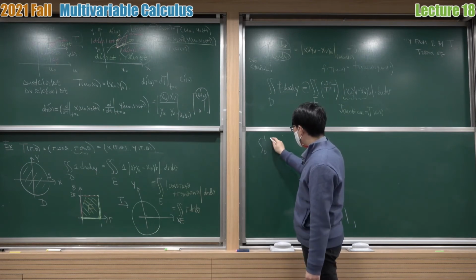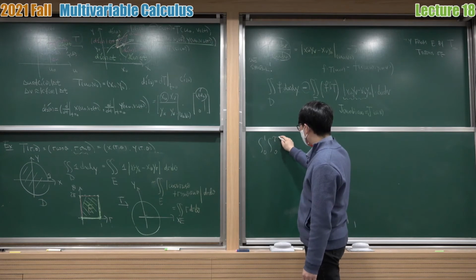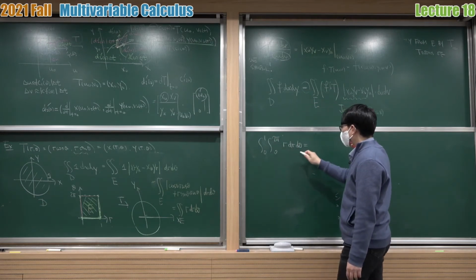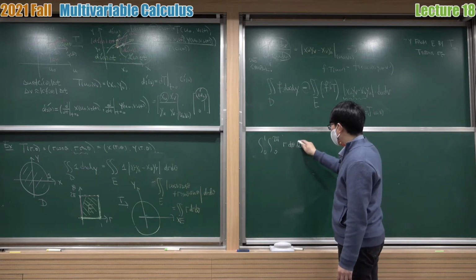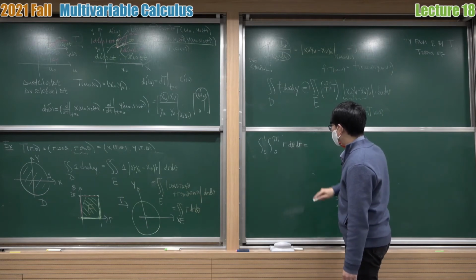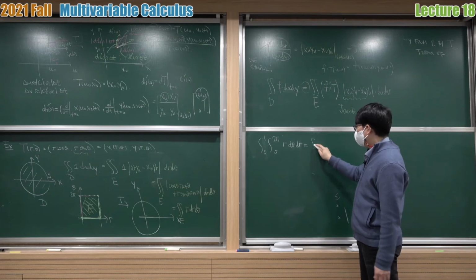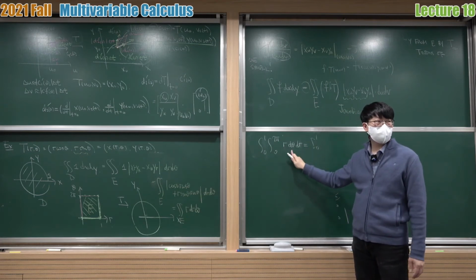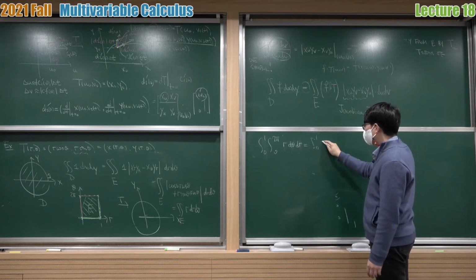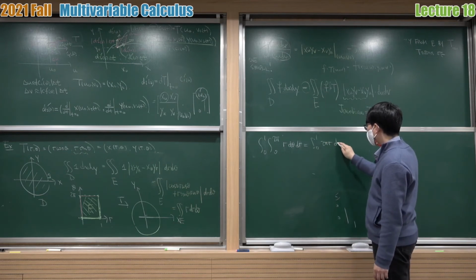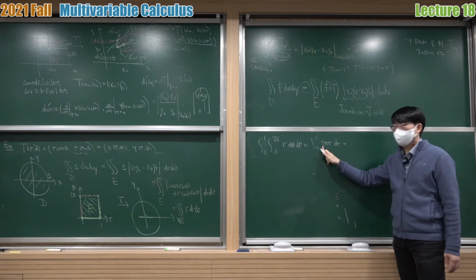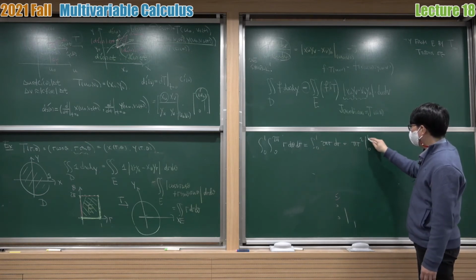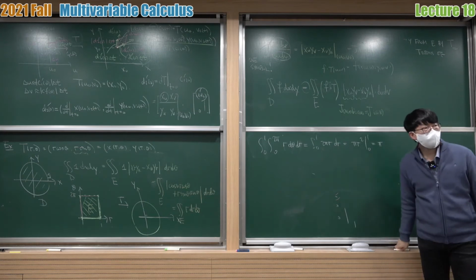So 0 to 1, and theta is from 0 to pi, and r dr d theta. d theta dr for the iterated integral, and r is a constant when you do the integration by theta. So pi r dr, and then now we have 2r, so we have pi r squared from 0 to 1, so we get pi, right?